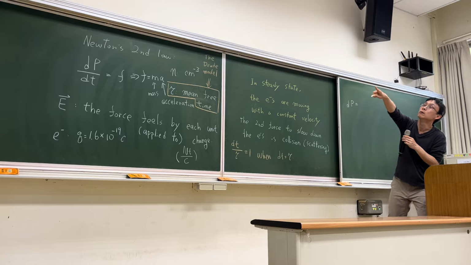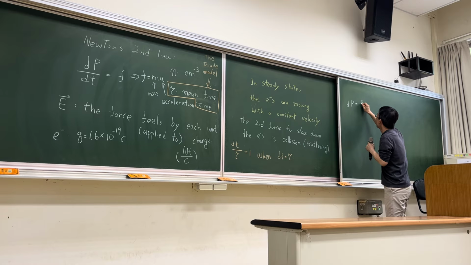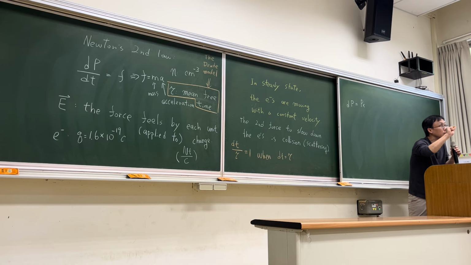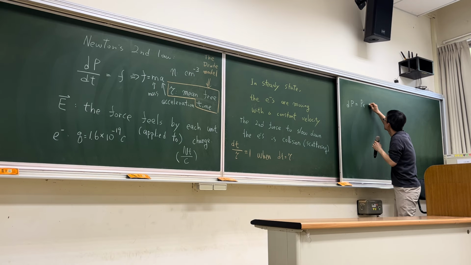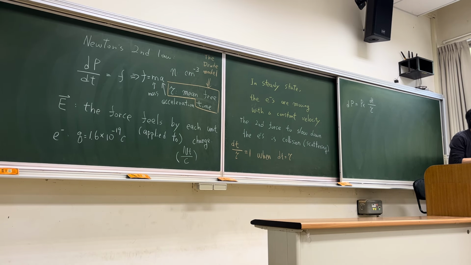Equals to what? Given by total momentum, assuming it is moving in the x direction, times the ratio of collision, right? So this is telling you when the collision happens, the total change of the momentum is equal to the original momentum, which is an assumption. Okay? Some collision may not fully stop the electron.